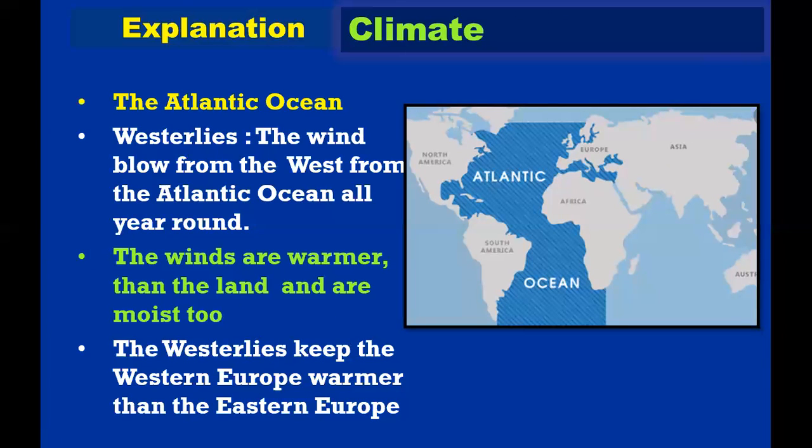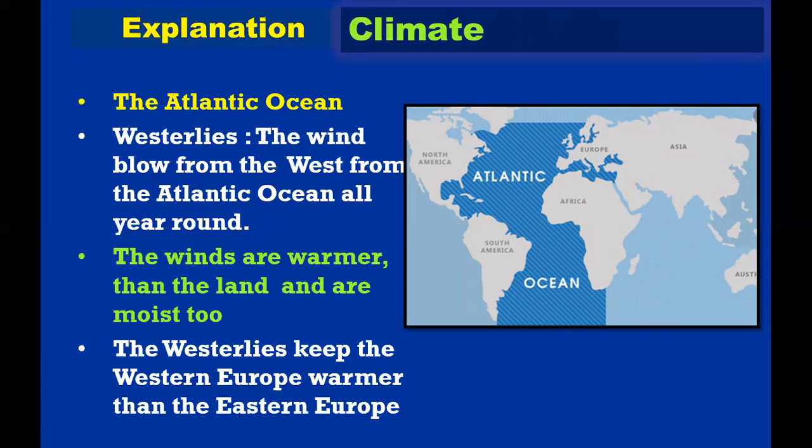The next factor which influences the climate of Europe is the Atlantic Ocean. As the Atlantic Ocean is on the west side, we find the wind blowing from the west. The wind blowing from the west towards Europe, we call westerlies. And this wind is very warm because a warm current is flowing here.